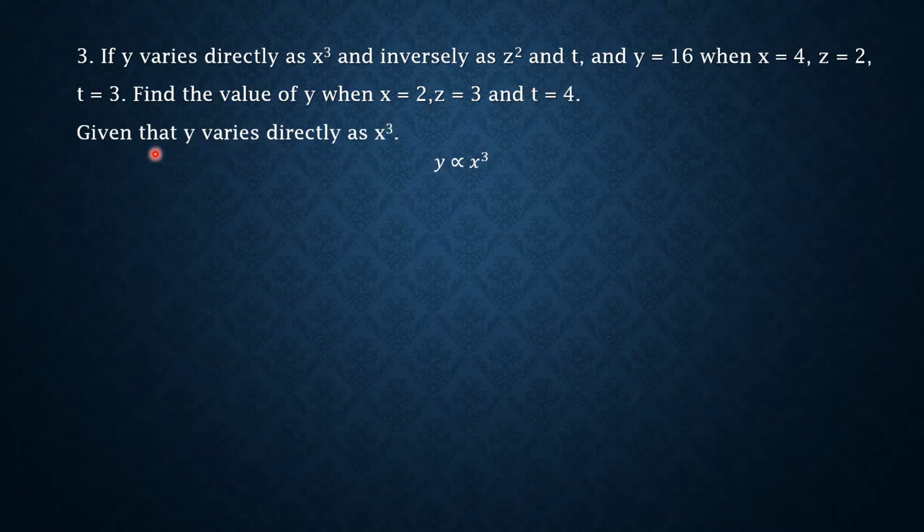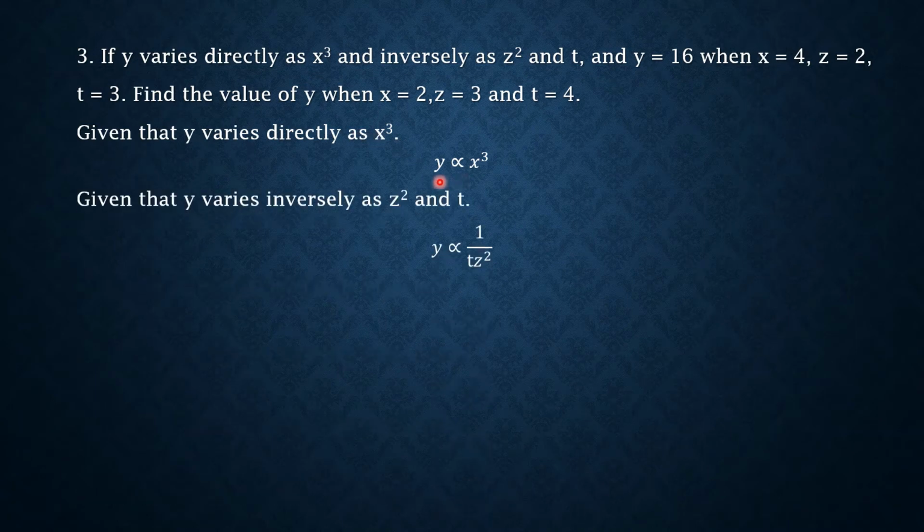Now students, look here that y varies directly as x cube. So y proportional to x cube, and also given is y varies inversely as z square and t. Y varies inversely as z square and t implies y proportional to 1 by t into z square.